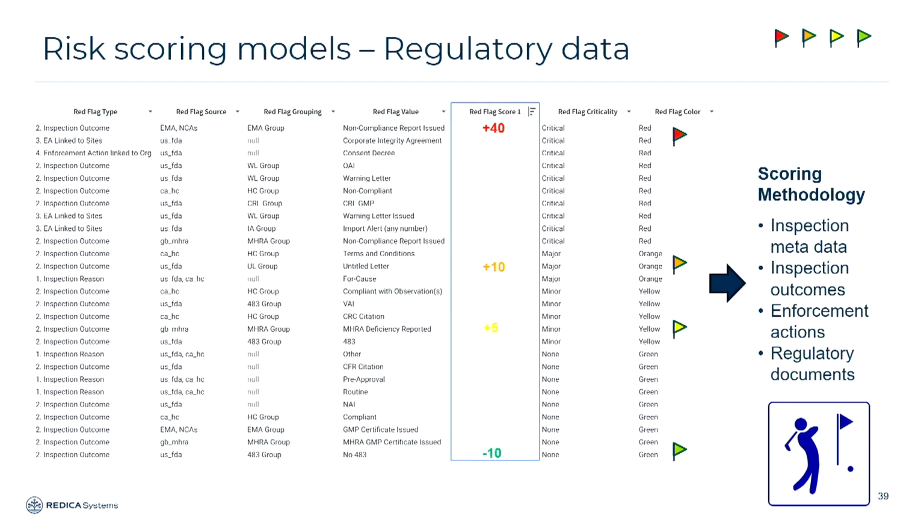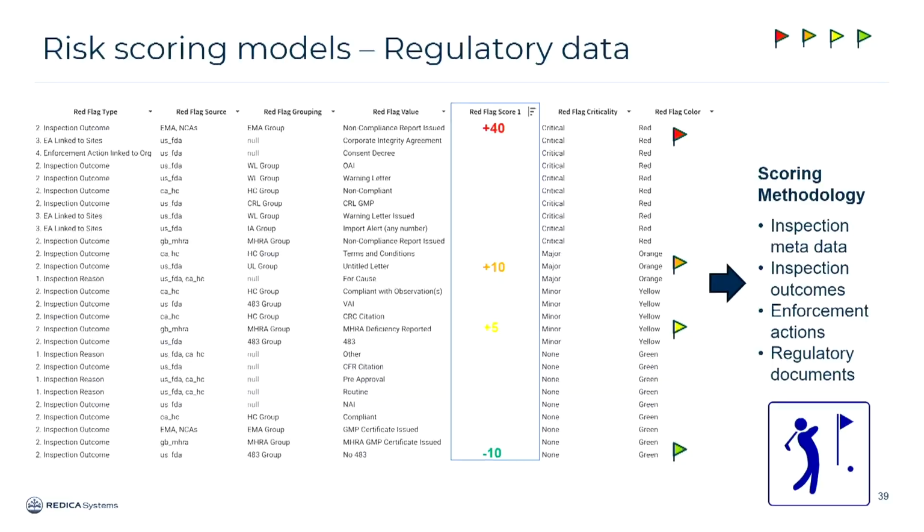As we look at that other data beyond what has been found on inspection, this shows you a table of how we score these. And this is another reminder, you see our little golf guy there, lower is better. Now if you look at this list, you can see down at the bottom, no 483, minus 10.